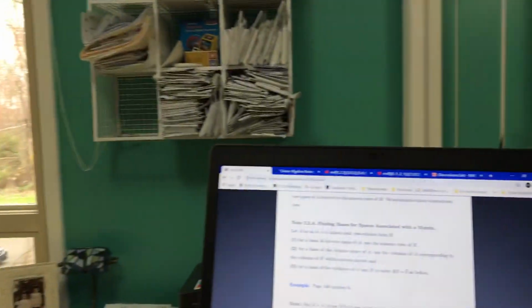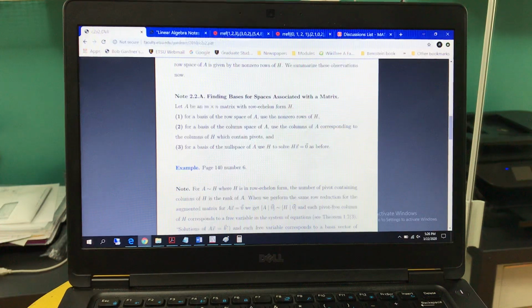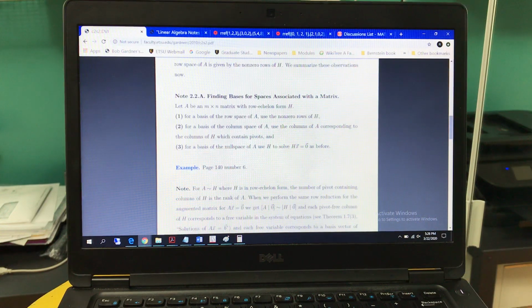The main reference, take a look at the notes, was note 2.2.A, which tells us how to find a basis for each of these spaces. So we'll take this matrix A, find a row echelon form of it and call it H. We'll find a reduced row echelon form because that is a row echelon form.